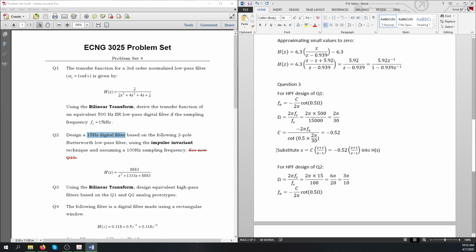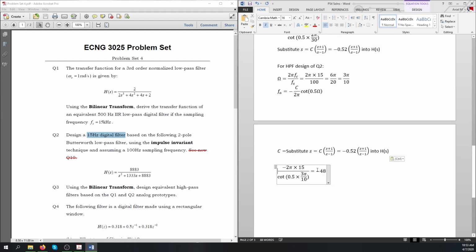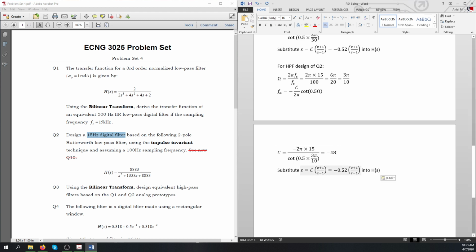And then the next step will be to substitute this into the h of s equation for question 2, and just simplify it as quantity as well.